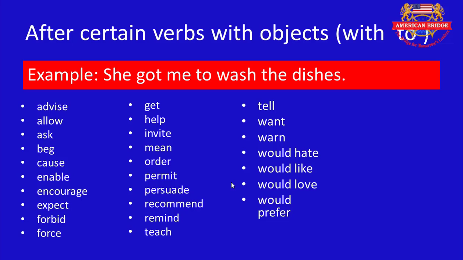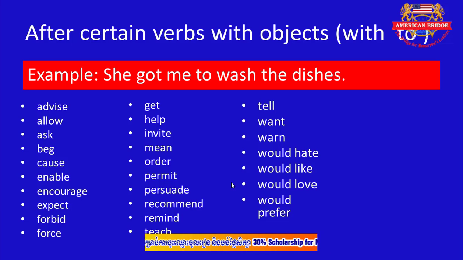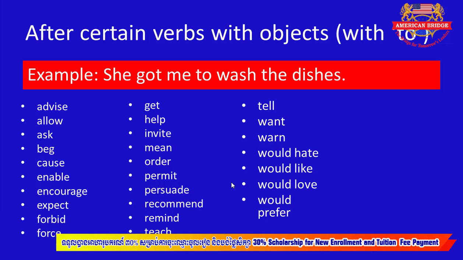So in the structure you're gonna say "advise somebody," "allow somebody," "ask somebody," "beg somebody," "cost somebody something," "expect somebody," "forbid," "force," "get," "help," "invite." For example, "she invited me to join her wedding party."